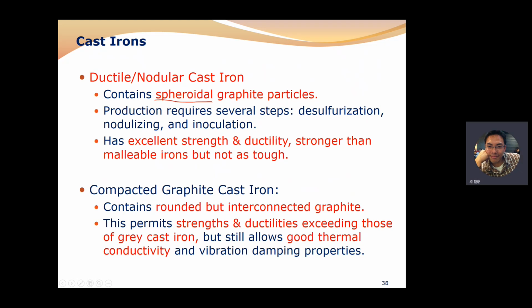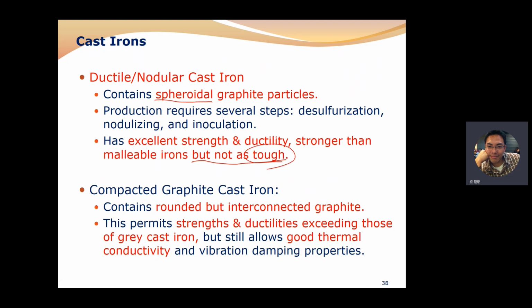Producing it requires several steps such as desulfurization, neutralizing, and inoculation. Ductile cast iron has excellent strength and ductility, stronger than malleable iron, but not as tough. If you need a high toughness cast iron, maybe it's not a good choice.